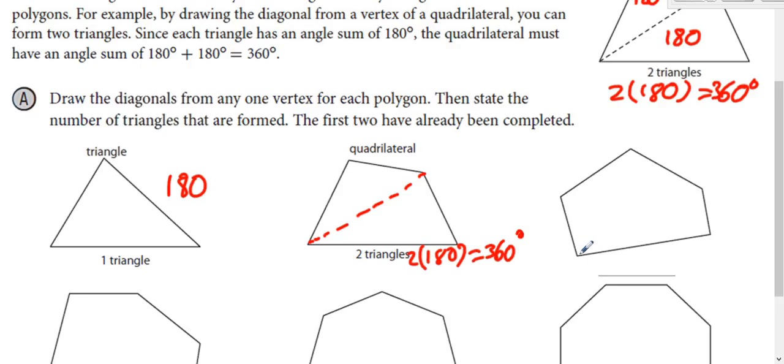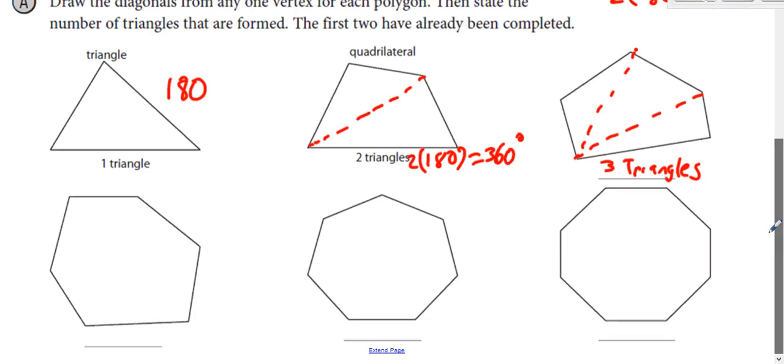For this next shape, you can draw the diagonal there and there, so we get three triangles. If you're going to find the sum of the measures of the interior angles, you would have three triangles. Every triangle is 180. So that's 3 times 180, which is 540 degrees.